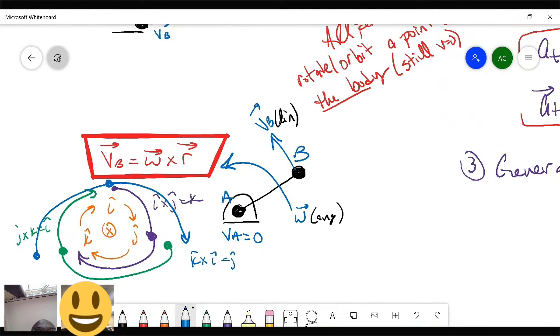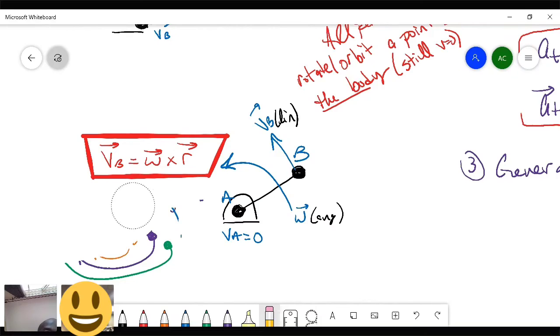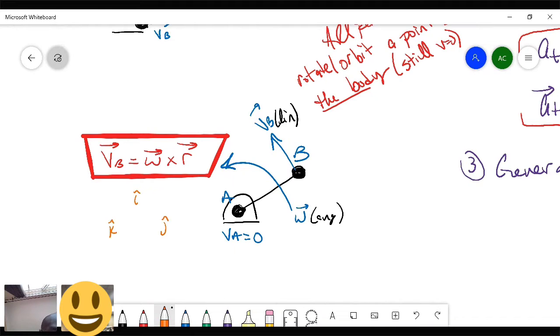There are certain things that you have to remember, like the stuff that I put in blocks. Don't worry about I cross J equals K. Just worry about how to draw the circle. All you have to know is I, J, K, and that it moves in a circle. That's your cross product circle, and then you're good.